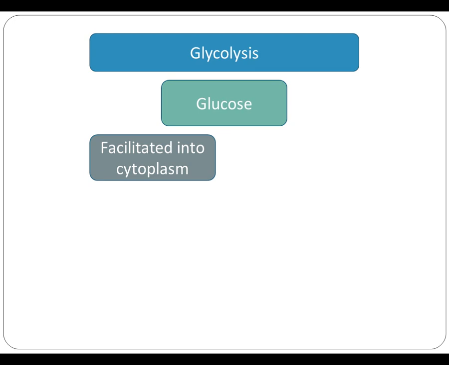The way it gets in there is through facilitated diffusion. Okay, so it's just facilitated across the membrane. As soon as glucose is transported into the cytoplasm of the cell that needs energy, it's going to immediately be catabolized.